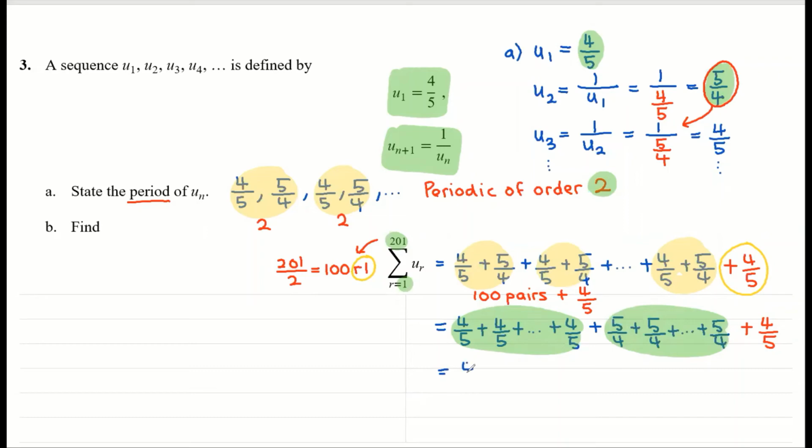So it's 4 over 5 multiplied by 50. No, beg your pardon, sorry, 100. There's 100 of them. And then we're going to add 5 over 4. And we'll multiply that by 100. Okay, and then we're going to add the 4/5.